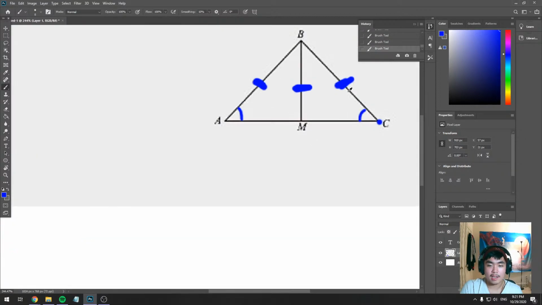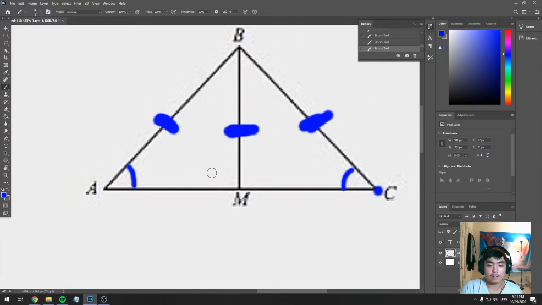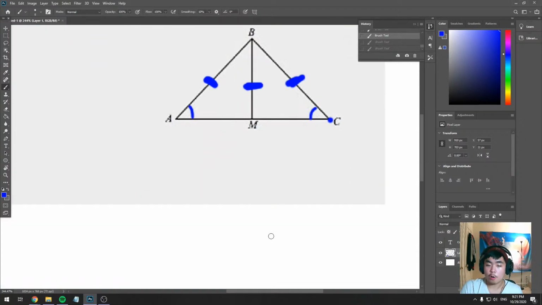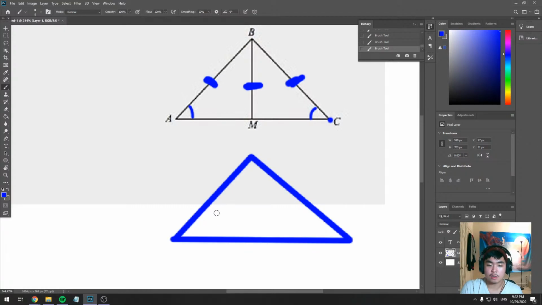The last one's AAS. We already said this angle doesn't work, but did we check our last angle? What about this angle and this angle, are they the same? If you said no, that would be correct. Again, I could draw the same triangle that fits the description, but draw this thing like this, and suddenly these angles are not the same.